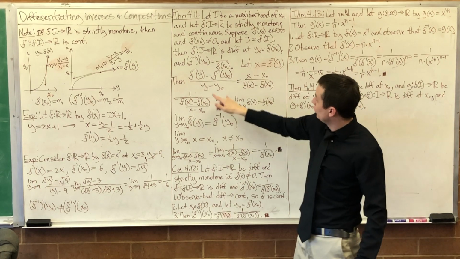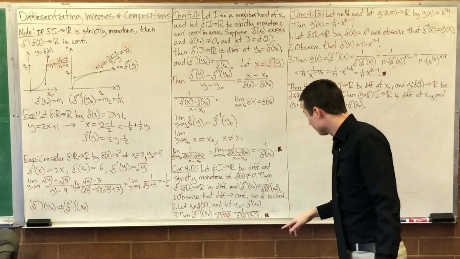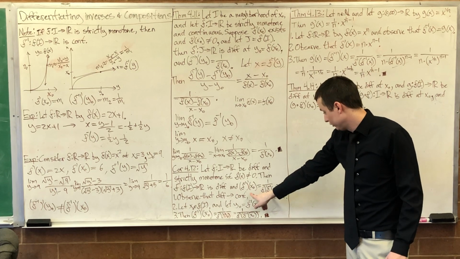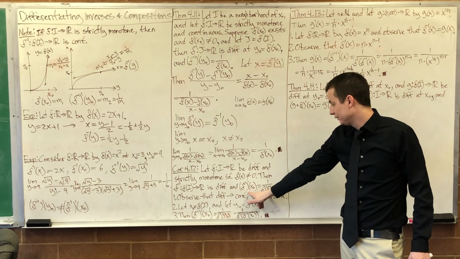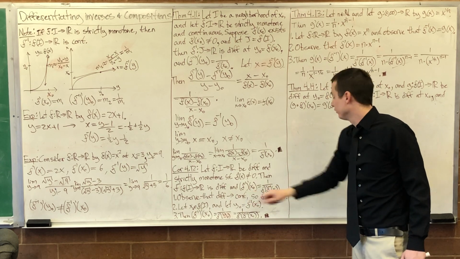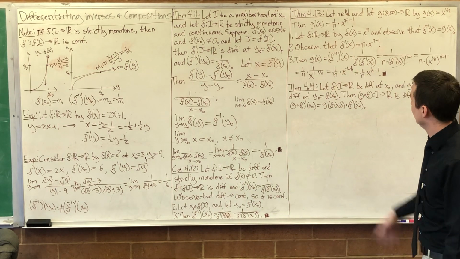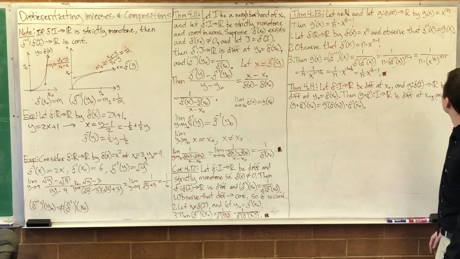Because I'm just going to use this exact theorem right here. So I rewrote it in terms of f so that you can see exactly how I'm using it. Now I could have left my f in terms of y and then my f inverse in terms of x, but I think we're fine.